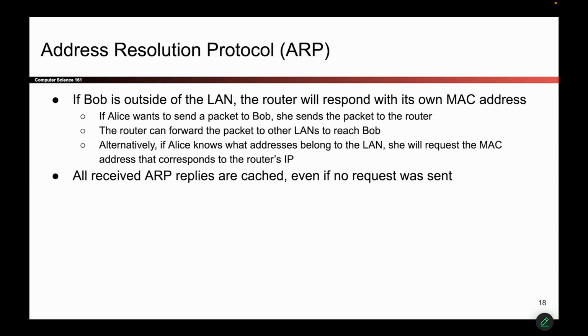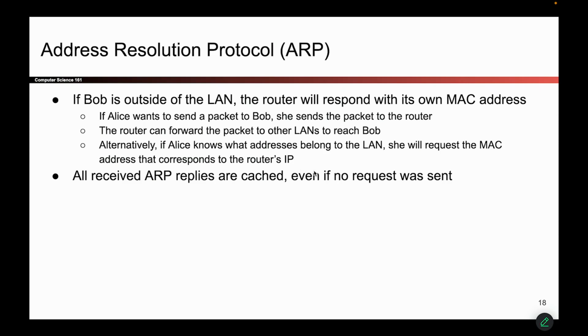And then the router will forward the message to Bob. So if Bob was somewhere far away, Alice still has to broadcast the same question saying, who knows this MAC address mapping? And the router will notice that Bob is not in the local network, will reply to Alice with the router's MAC address. And then the packet will get forwarded to the router. And then the router will send the message onwards to Bob.